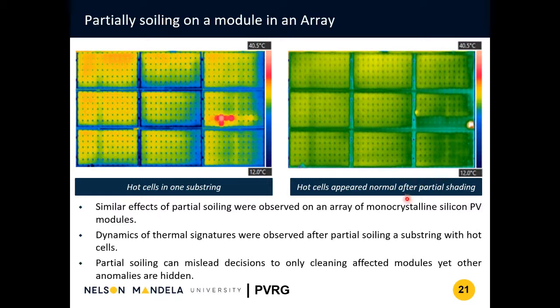So partial soiling can mislead decisions to only cleaning the affected modules, yet other anomalies are hidden.